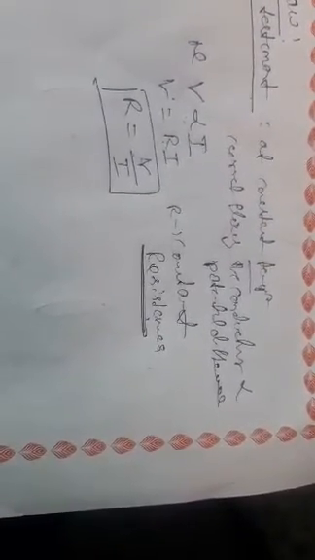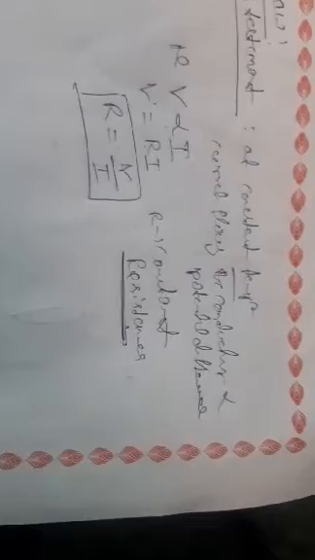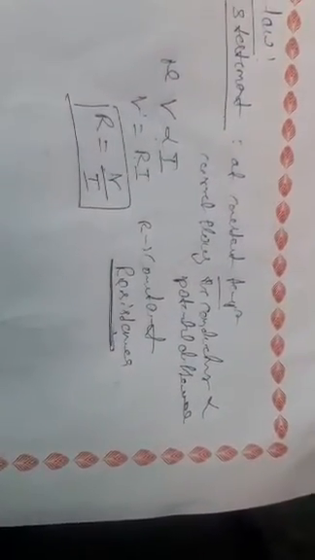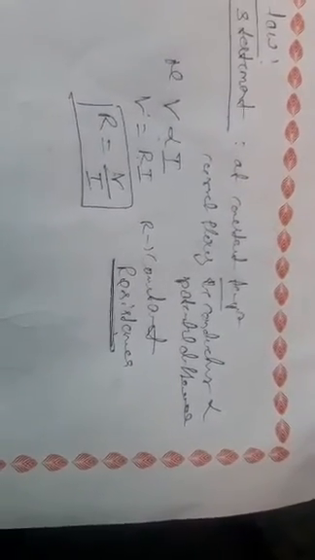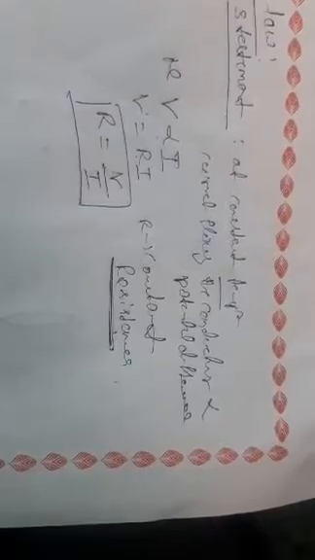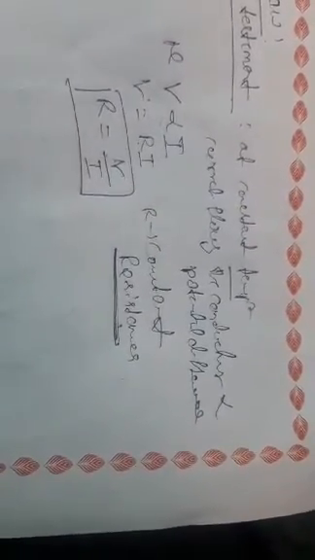A resistor is an electronic device consisting of a number of colors, used to find the value of a resistance. Resistor, what is the meaning? A resistor is an electronic device. Resistance is a physical quantity.